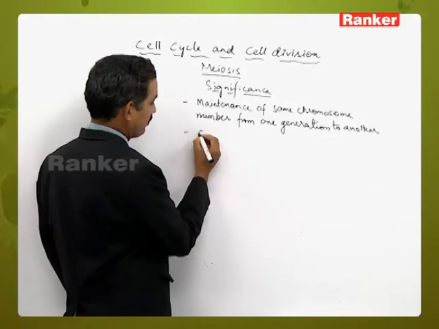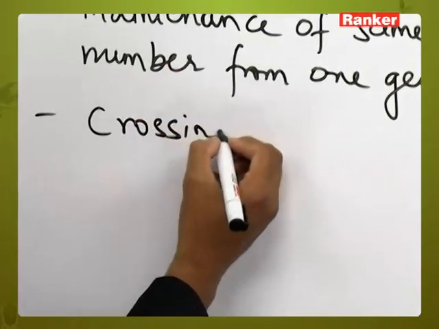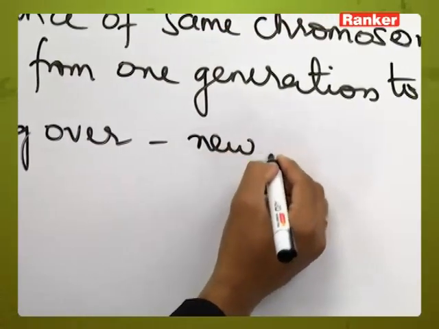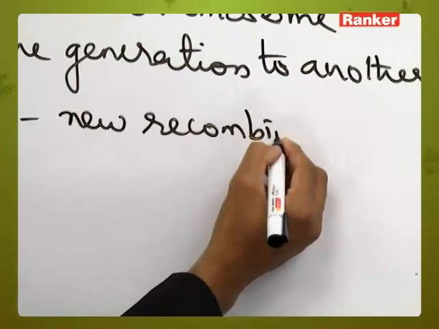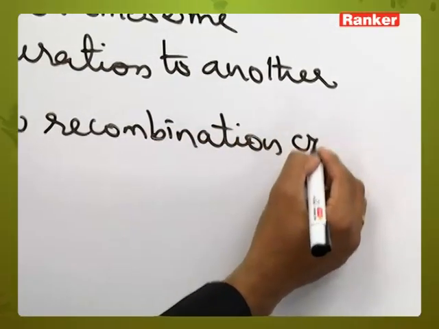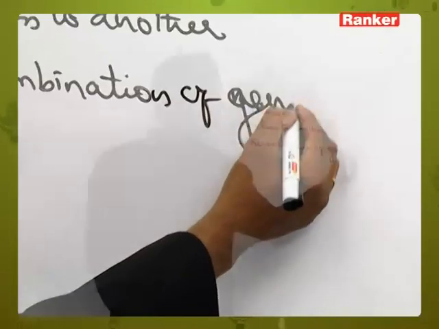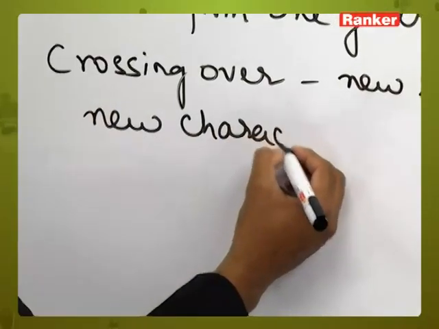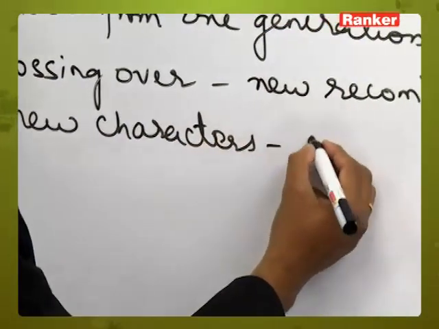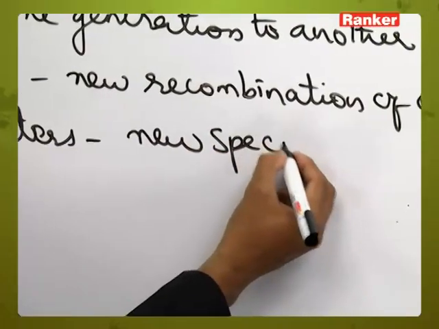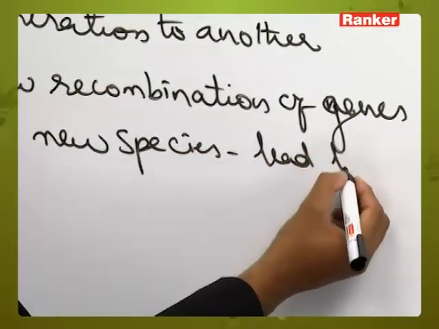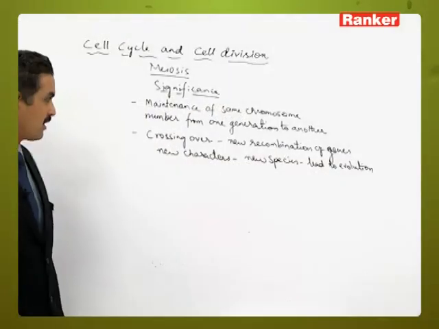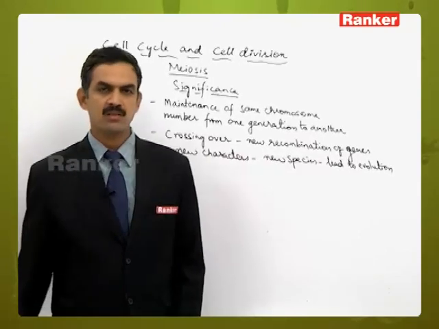And here crossing over takes place. Due to crossing over, new recombination of genes takes place. The recombination of genes may lead to new characters. So if the process takes place for many generations, new species will be formed, leading to the evolution process. So these are the major significances related to the meiotic division.